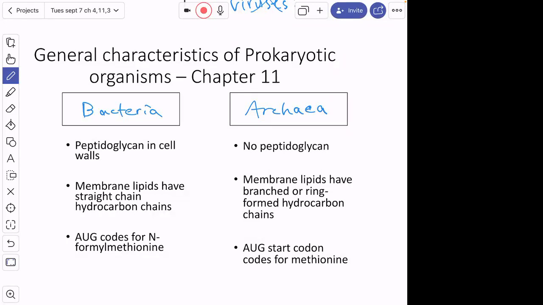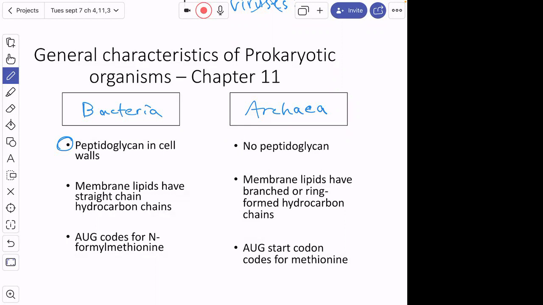The big one that we always seem to come back to is the cell wall structure. We're going to talk a little bit more closely about that. I think we'll get to it today. What is peptidoglycan exactly? We're going to talk more about that, but that is a compound that any bacteria that has a cell wall is going to have peptidoglycan in it.